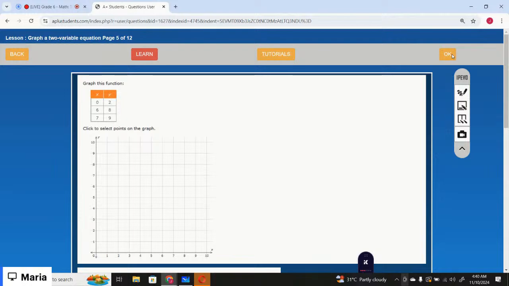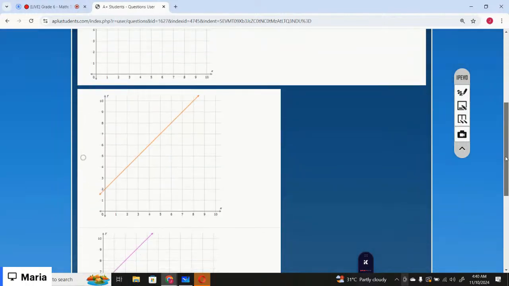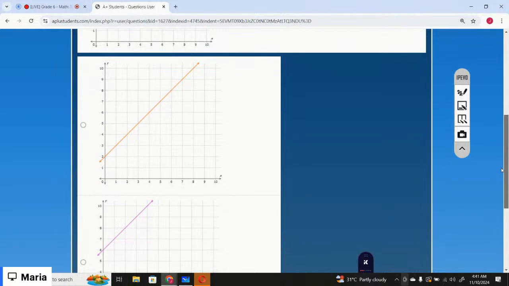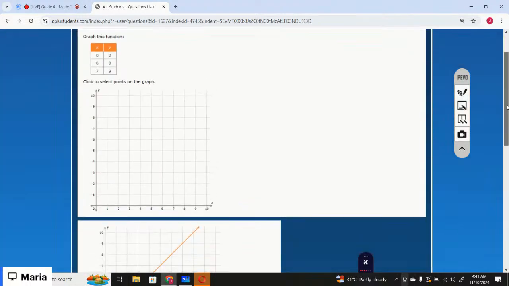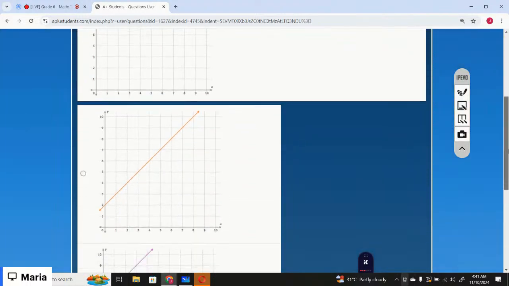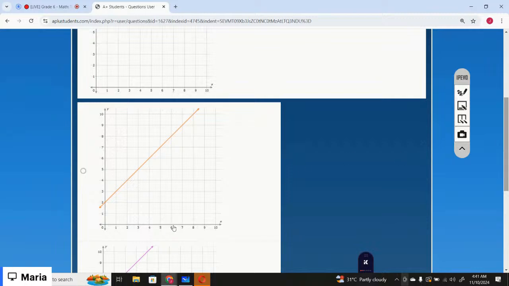Graph this function. So which is the correct option? X is 0, y is 2. 6, y is 8. Option number 1 is the correct option.